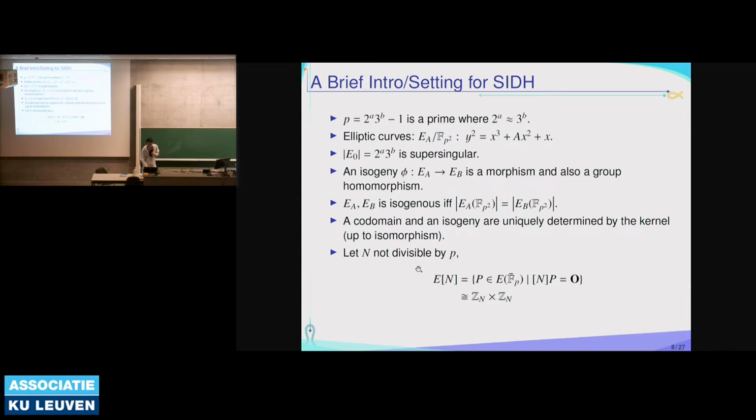And here's also a special property of the torsion subgroup: let's say n is a positive integer not divisible by p, and E[n] is the set of points P such that n times P goes to infinity, and this torsion subgroup will be isomorphic to Z_n squared. Of course, Z_n here means Z quotient nZ.